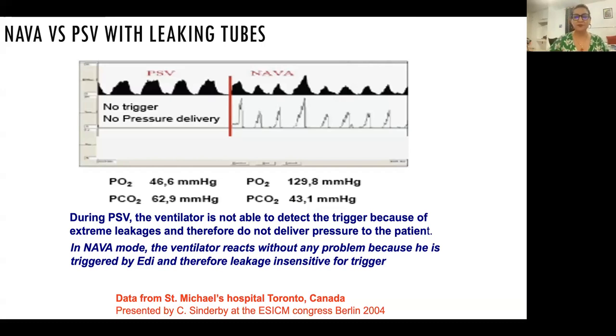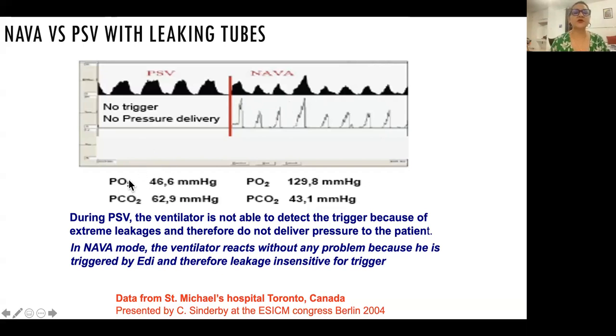It is the EDI, that is the diaphragmatic activity, which is asking the ventilator to give the breaths. So there will never be a problem with NAVA that there is no trigger and no ventilation being given to the baby.